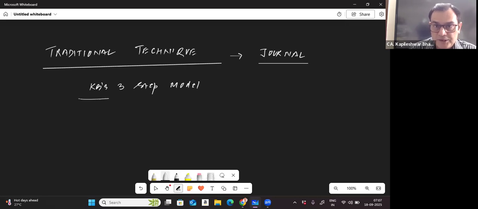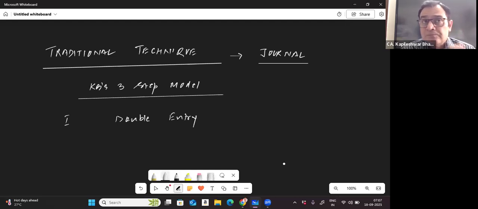In this particular case, when I'm looking at the traditional technique, step number one is exactly the same. We would apply double entry bookkeeping. I don't think I need to remind you how you're going to apply it: you need to visualize the two accounts in every transaction. To begin with, one is cash, the other is some asset, liability, income or expense.